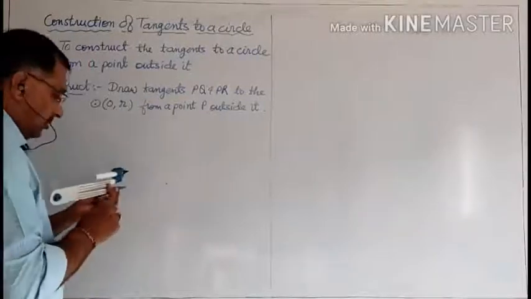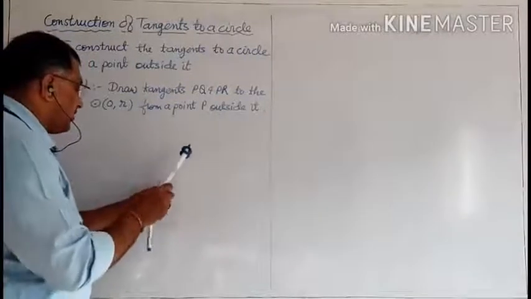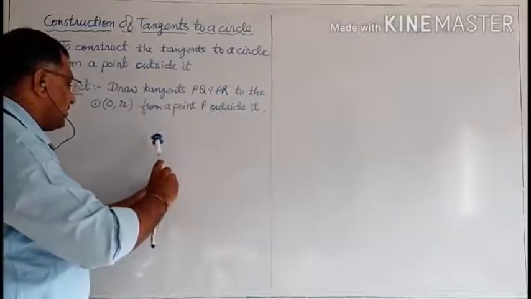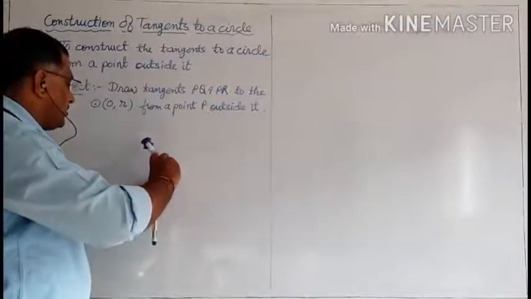Here there is a circle with center O and the radius R. You can take a convenient radius R and draw the circle.